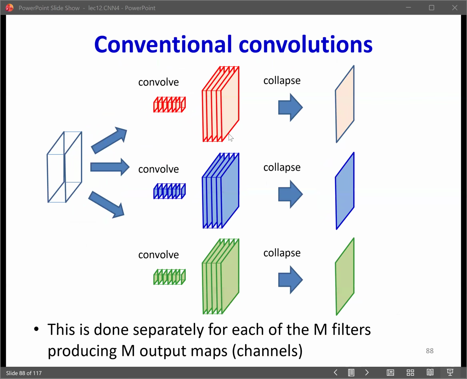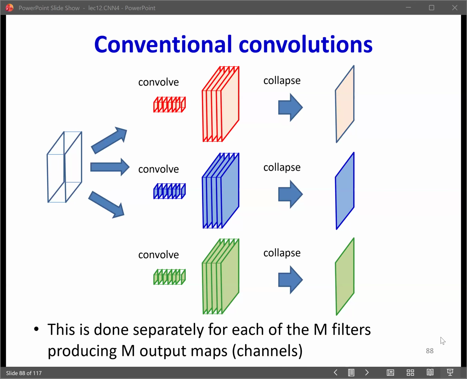So if I have 3 filters, how much computation am I performing? Each of these filters has as many channels as the input. Each channel of each filter is convolving the corresponding input channel. So if I had 3 filters and if there were 10 input channels, I'm actually performing 30 convolutions, which are being collapsed to 3 output channels.